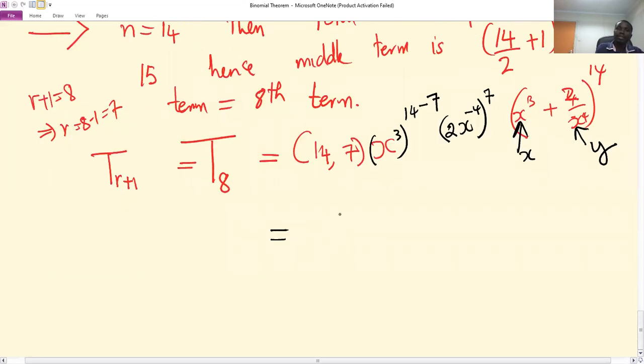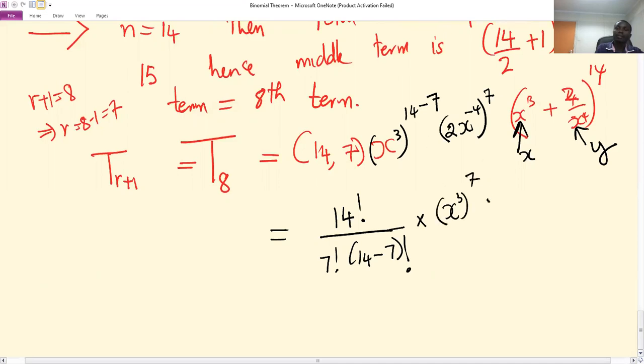This is the same as 14 factorial divided by 7 factorial times (14 minus 7) factorial, times x^3 to the power 14 minus 7, times 2x^(-4) raised to the power 7.